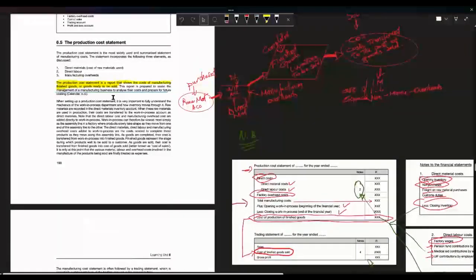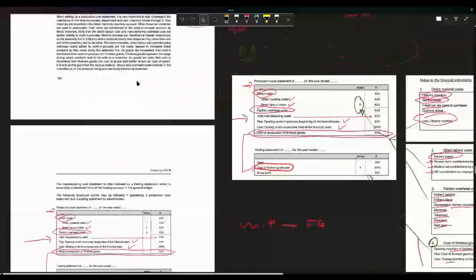Okay, the second part of this learning unit covers the production cost statement. So you have the production cost statement as well as, like I said, the trading statement. The trading statement is just a small statement that talks about the sales minus the cost of the finished goods sold, not the finished goods produced. Look at the difference here, it's not the cost of the finished goods produced.